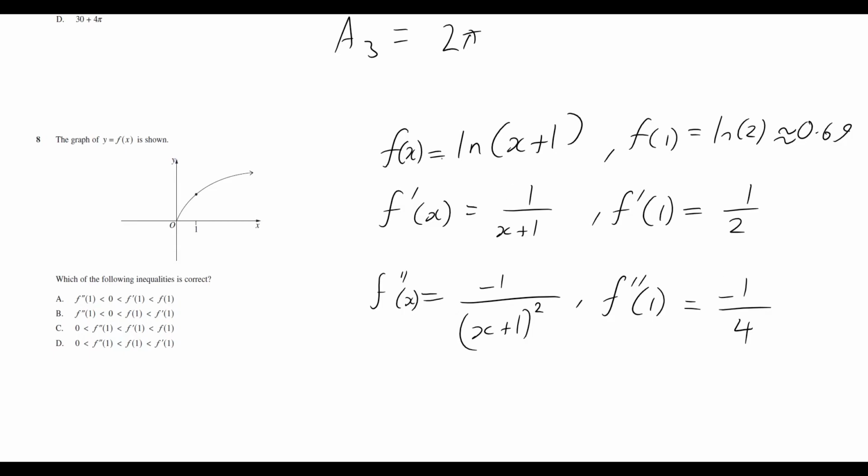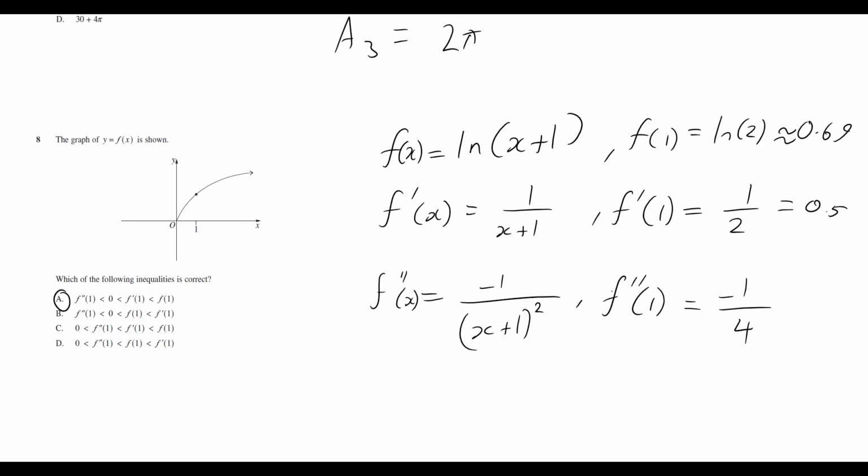So what we can see now is that f of 1 is about 0.69, and f prime of 1 is going to be 0.5, so clearly f of 1 is greater than f prime of 1. And then we have clearly that both of those are greater than f double prime at 1, since this is negative. What we find, when we start looking at all of our different options here, is that option A describes this situation perfectly.